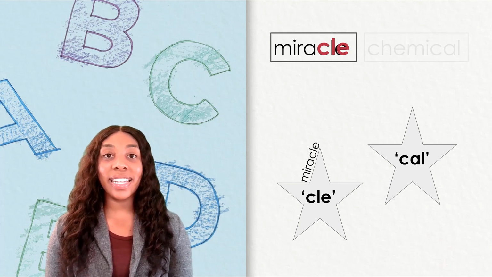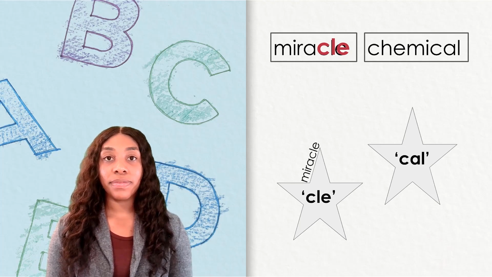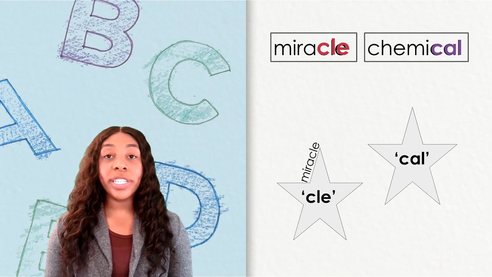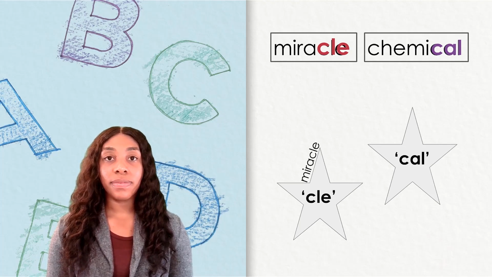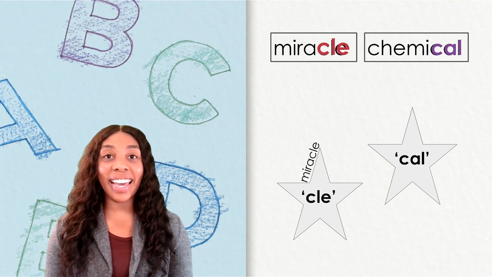Let's take a look at the next word. What word is this? Chemical. Which star does this word belong on? Chemical belongs on the C-A-L star because that is how the k sound is spelled.